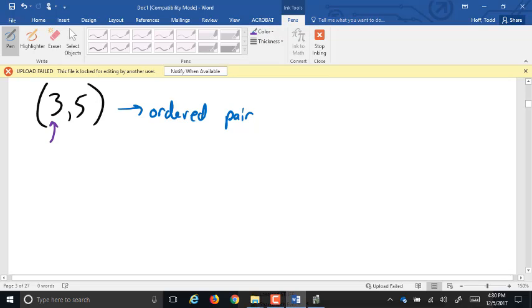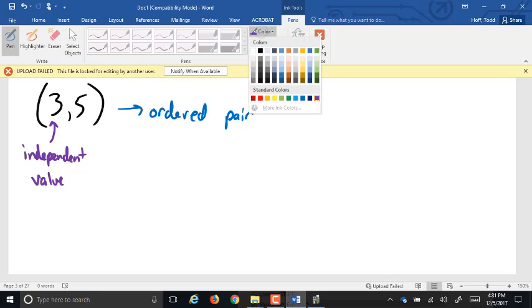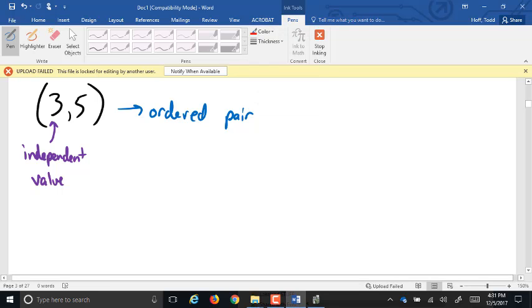Usually, that first number is what we call an independent value. That means that's a value that we can choose and check to see what happens. Now, there's some relationship between these values.